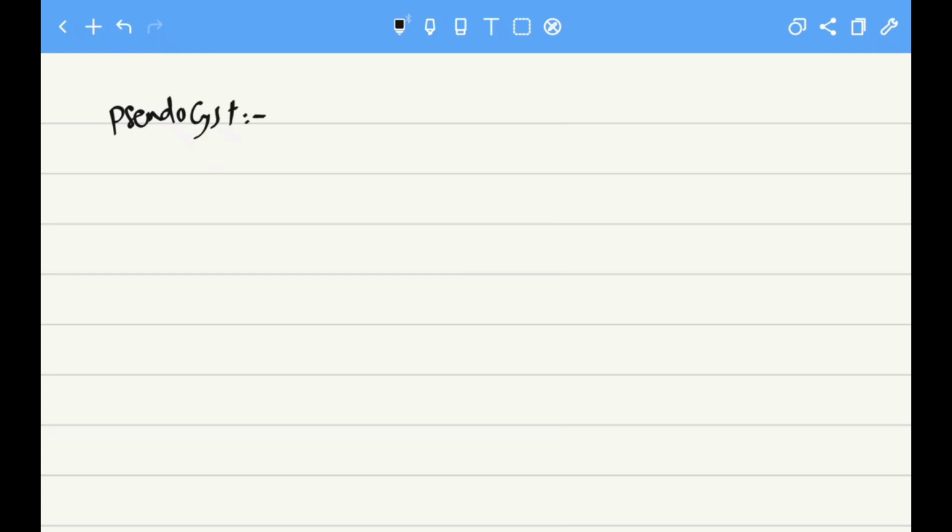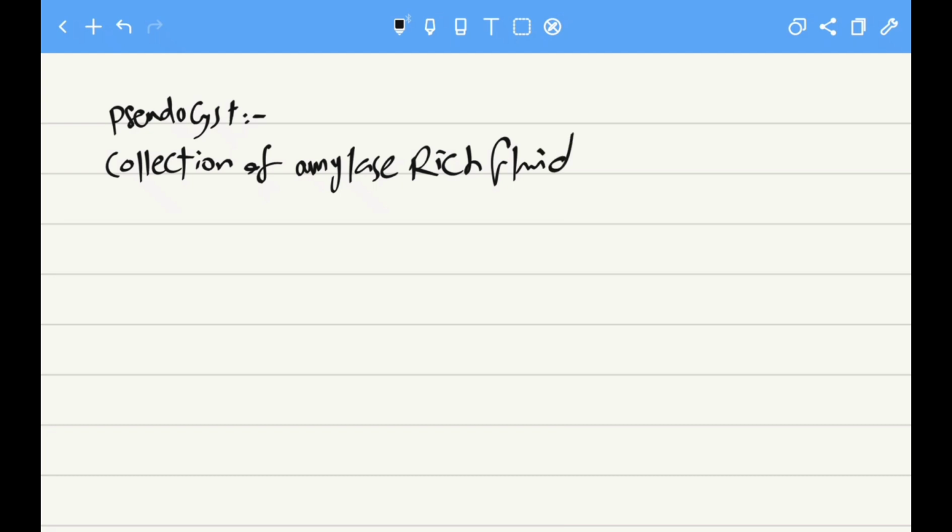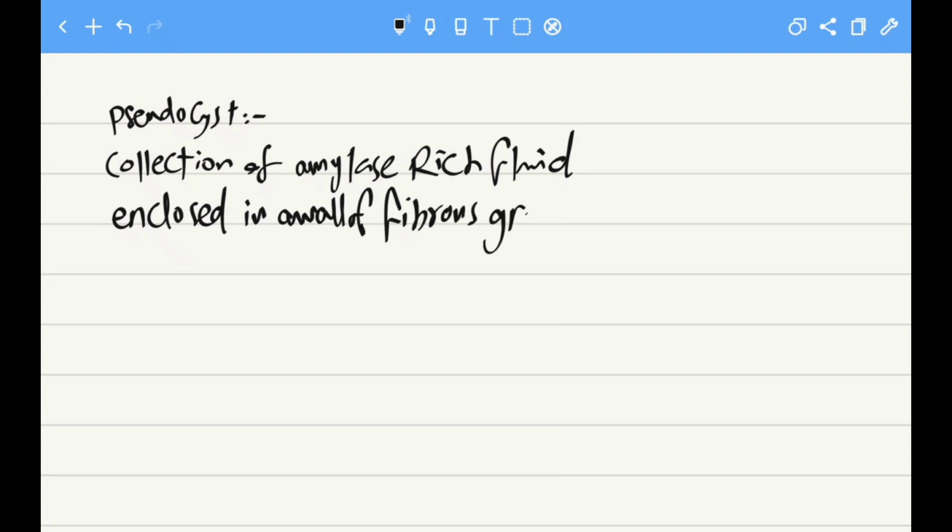Pseudocyst is a collection of amylase-rich fluid that is enclosed in a wall of fibrous granulation tissue.